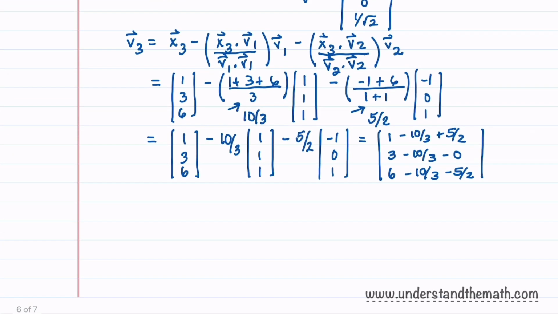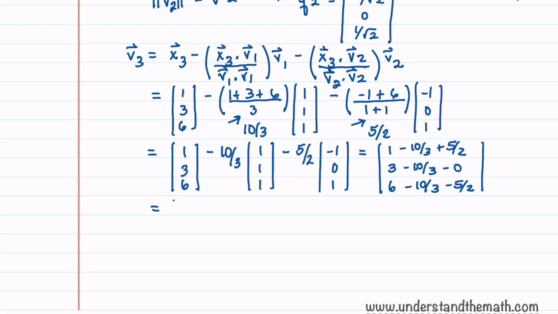I think what we need to do now is get a denominator of 6. So let's make everything with a denominator of 6, at least for the first and the third components. So this is a 6 minus 20 plus 15 all over 6. And then this one, let's get a denominator of 3. So this is a 9 minus 10 divided by 3.